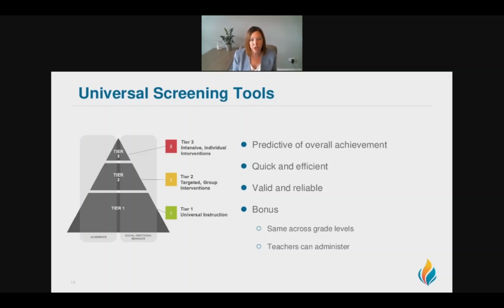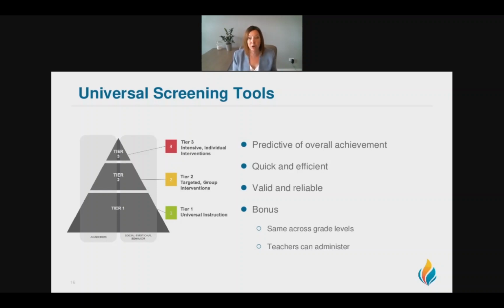The scores are the same type of score, and teachers can easily understand those data. We'll find that we're more likely to use those data across grades. Also, it's really helpful to have similar assessments across grade levels, because then you can start to do cross grade level grouping as that makes sense.